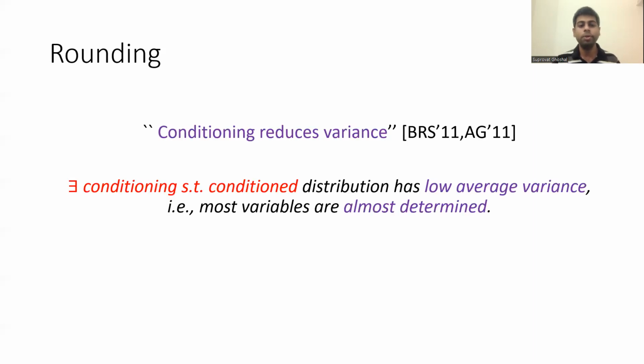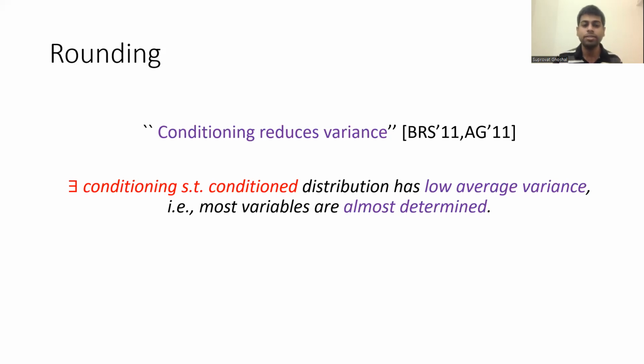Finally, once we have an optimal solution to the SOS relaxation, we round off an integral solution. How do we do that? We basically use the stronger property that is guaranteed for certain predicates, which is called conditioning reduces variance, which is strictly stronger than local to global correlation.